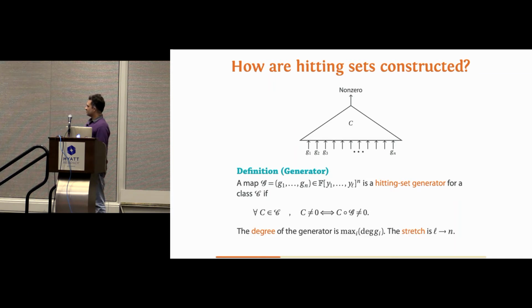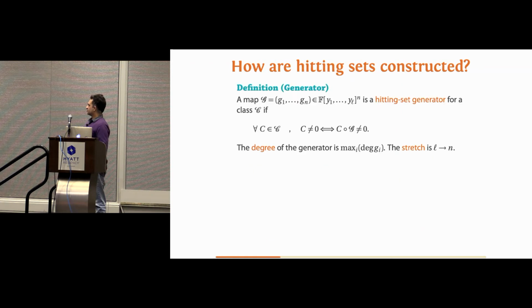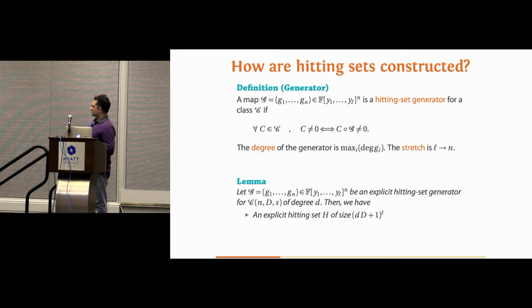And there are a bunch of parameters which are relevant. One is the degree of the generator, which tells you how complicated these g_i's are, and the other is the stretch, or the shrinkage, which is how much you can reduce the number of variables. It's a very simple observation that once you construct a generator of low degree and good stretch, you automatically get an explicit hitting set, because it follows from the polynomial identity lemma.